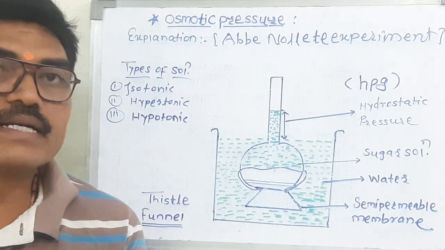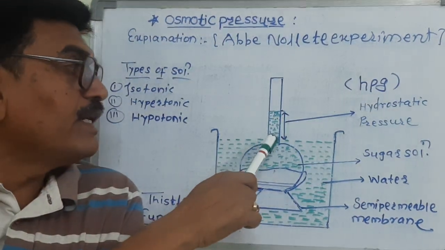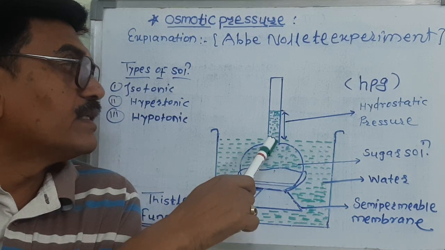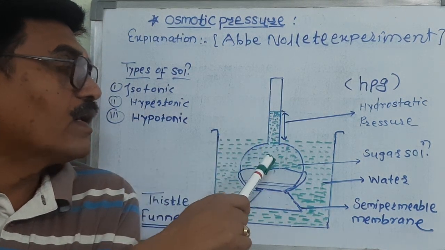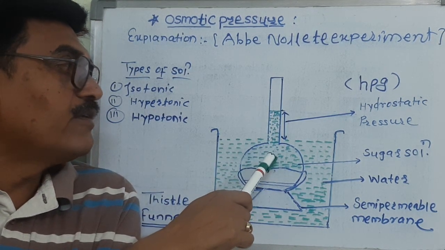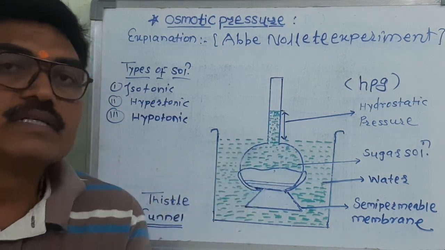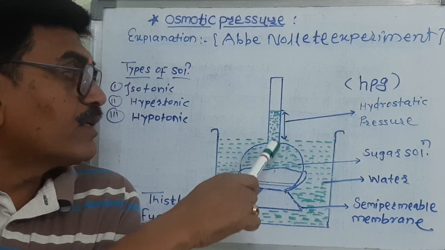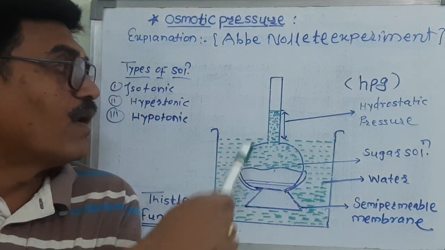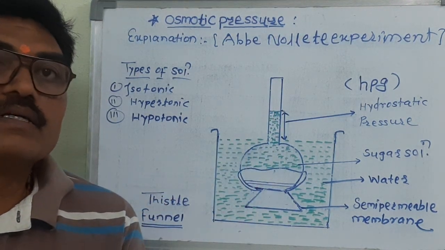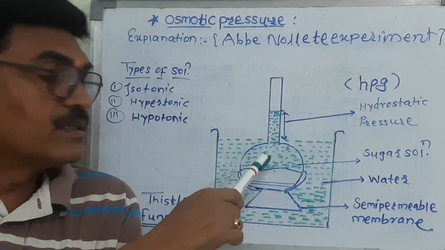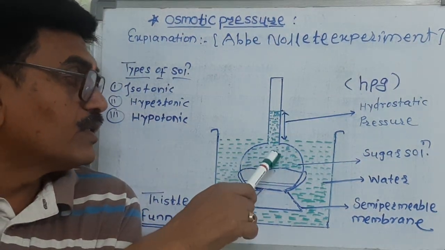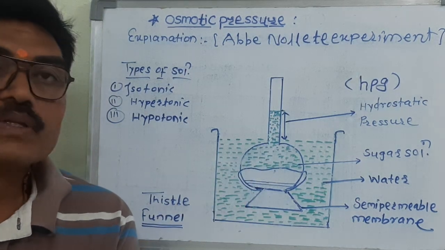As a result of that, the liquid level in the tube rises, and that is a liquid column. Now this liquid column exerts pressure over this sugar solution.